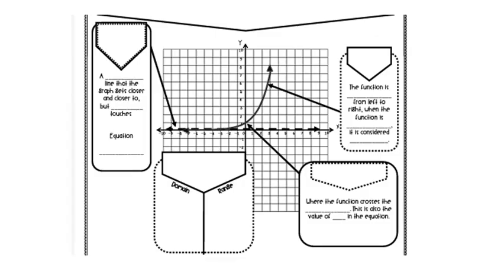The function: you read this graph from the left to the right. If I go from the left to the right, what's happening? It is increasing.